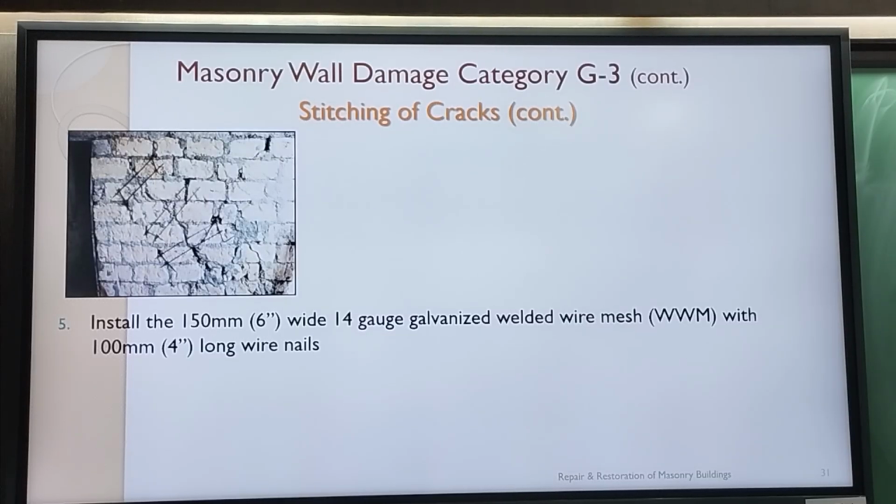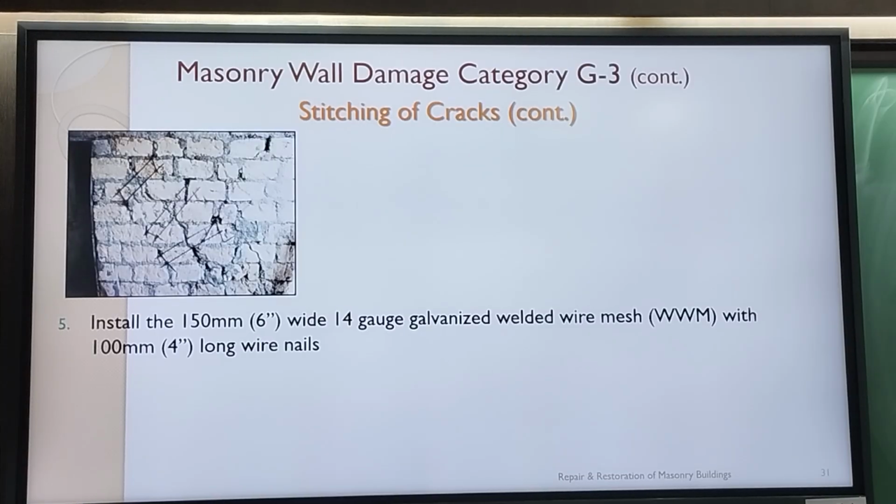We had a situation when we could not get weld wire mesh, and this is going back to 2001 in the Kutch earthquake. So we were using some kind of element made of reinforcing bars with chicken wire mesh on it, and these were anchored to walls with 6-inch nails.